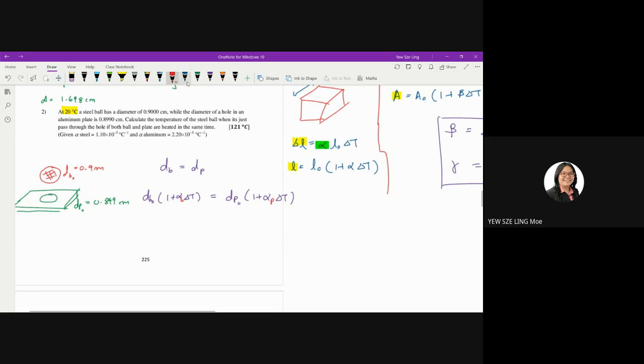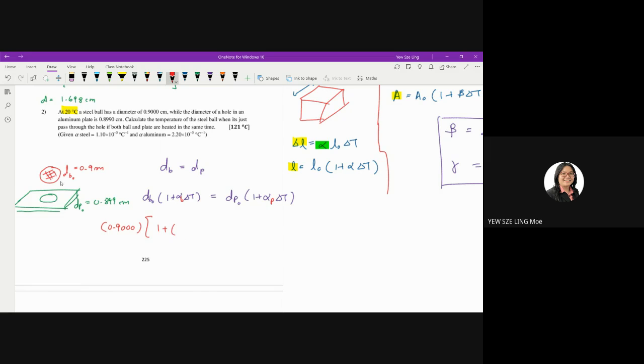Okay, now let's see. So the ball is the red color. The D ball initial, I have 0.9000 according to the question. Bracket. And then this is a bracket 1 plus. Okay, I'm going to put a square bracket here. So 1 plus alpha.